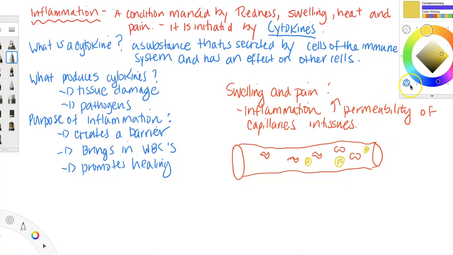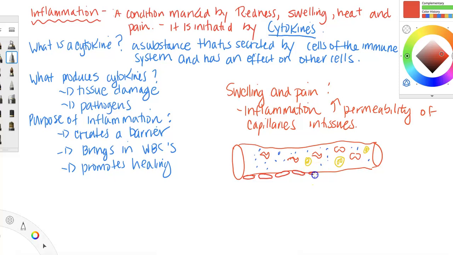There's going to be proteins in here, albumin, and things like fibrin and things like that. Okay. So what inflammation does is cause these cells to get a little looser.